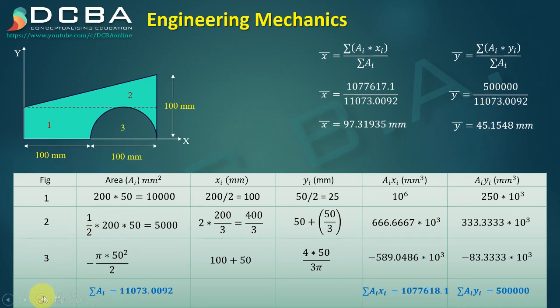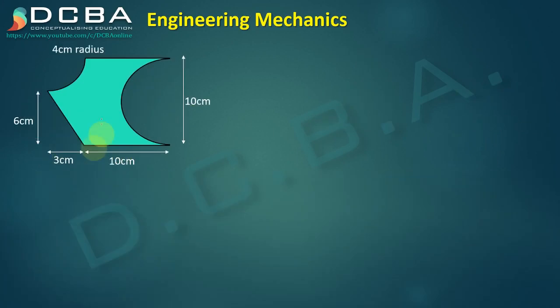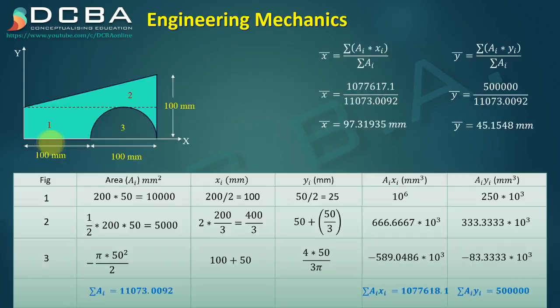So our centroid lies somewhere, it's 97 from point O, right? So the centroidal axis will be this and 45 along y direction, so somewhere around this. So this is the possible location of our centroid.